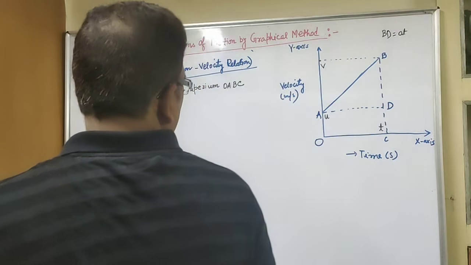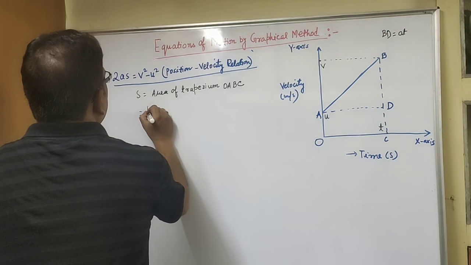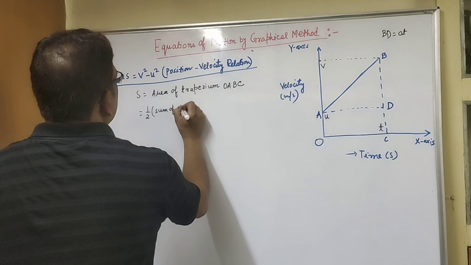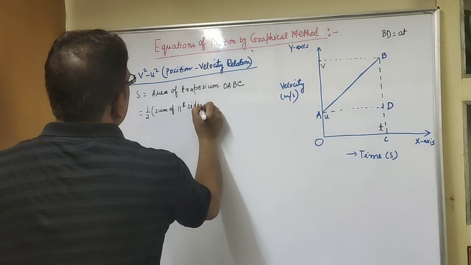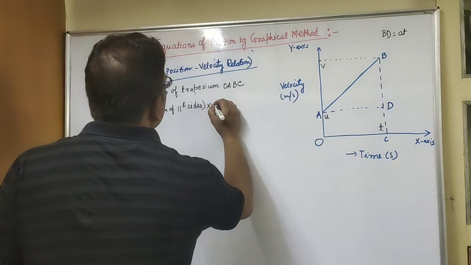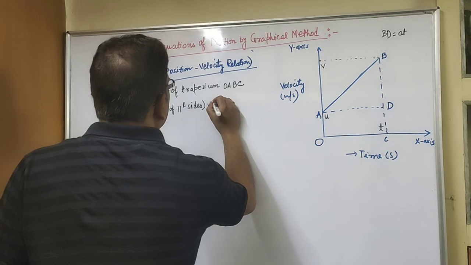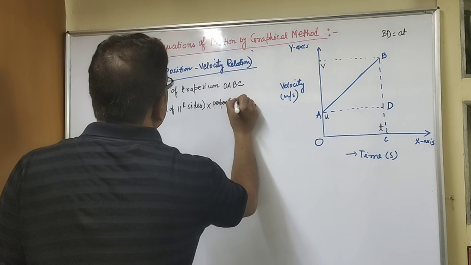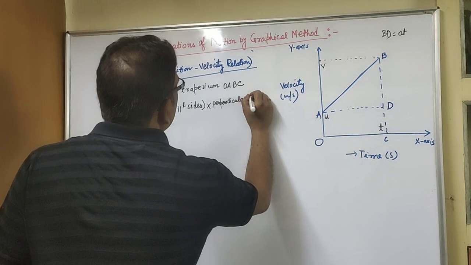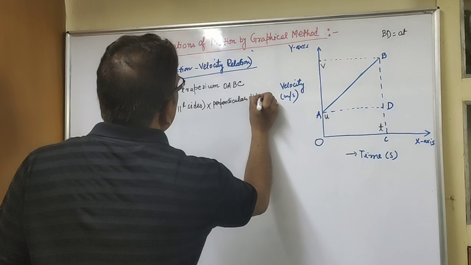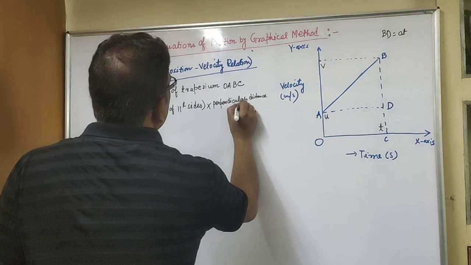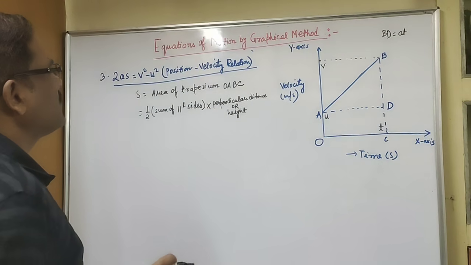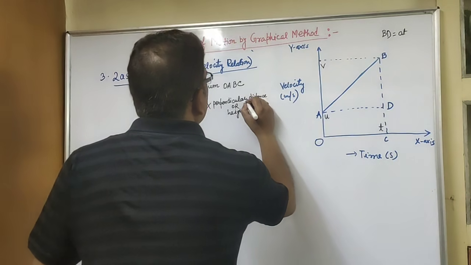So how we can calculate the area of trapezium? Half sum of parallel sides into perpendicular distance, or we can sometimes write height between the two parallel sides, perpendicular distance between them.